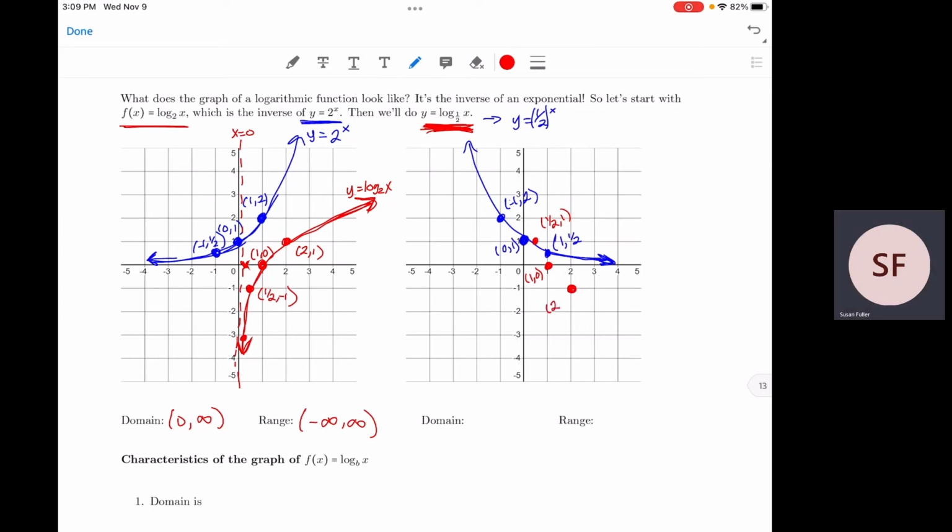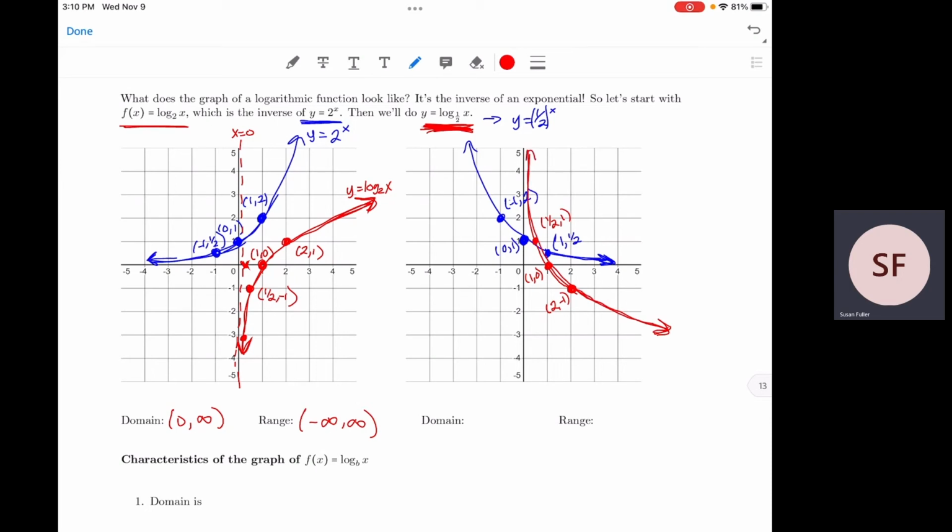Put that in here. Okay, so now I can connect my dots, and when I do that, this is going to look like this. So that's what my inverse function will look like here.